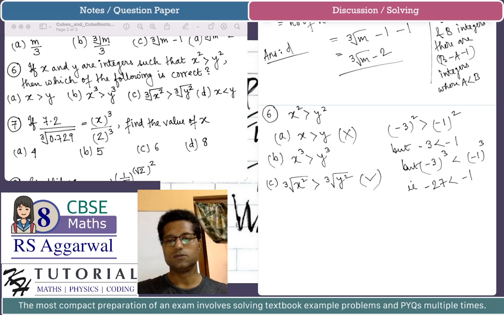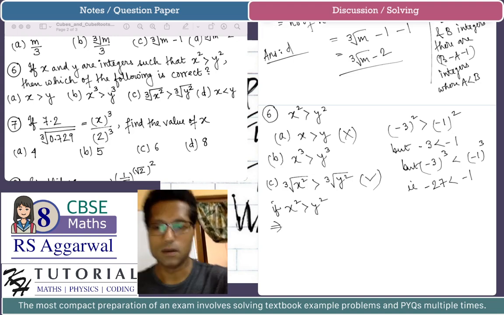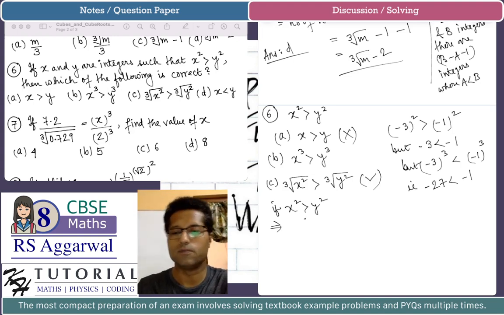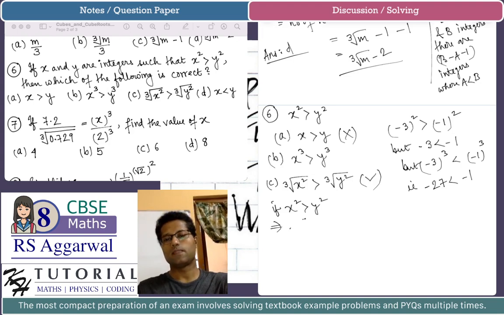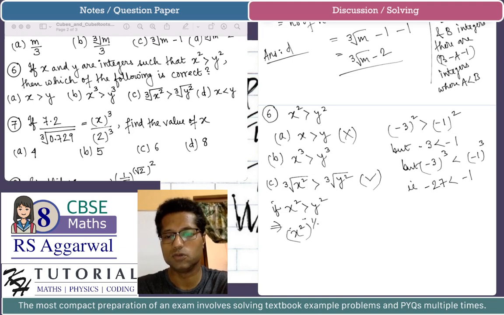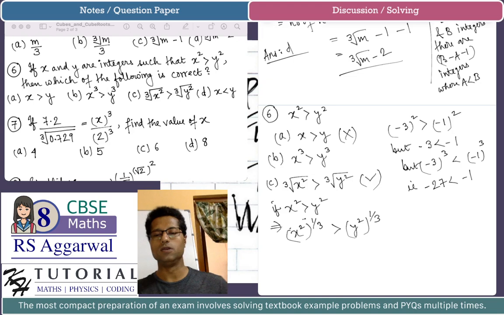So therefore, if you have x square greater than y square, since both x square and y square are positive numbers, if you take the power of 1 by 3, which means cube root, on both the sides, the inequality will remain same.